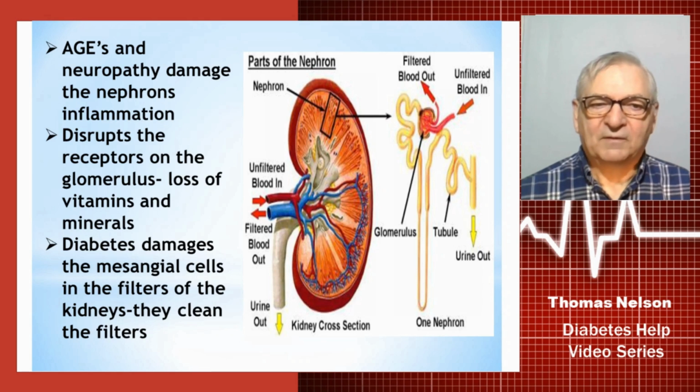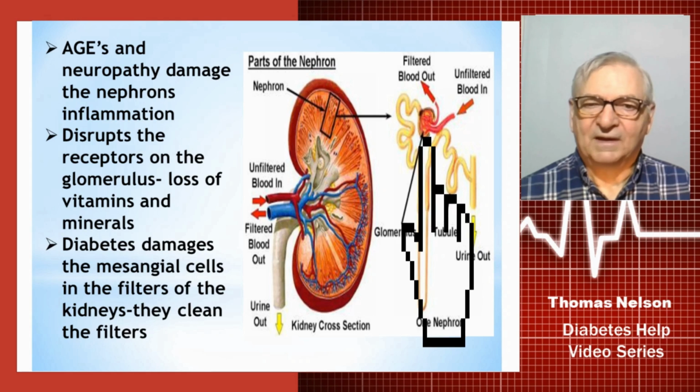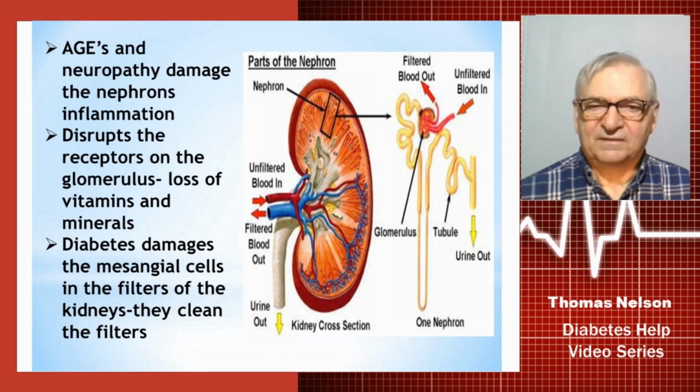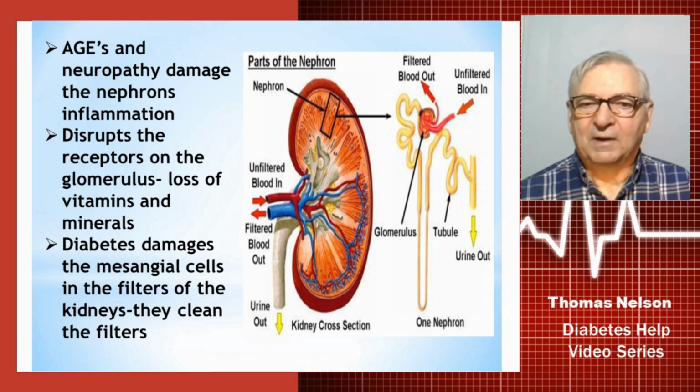It disrupts the receptors on the glomerulus, which is up in this area. The glomerulus is a diaphragm sort of thing. It's a filter, and it filters your blood, and anything that shouldn't go through it will be dumped into the urine. So whenever your blood sugars are high, those glomerulus malfunction. They're actually covered with receptors and transporters, just like the membranes of all your cells.